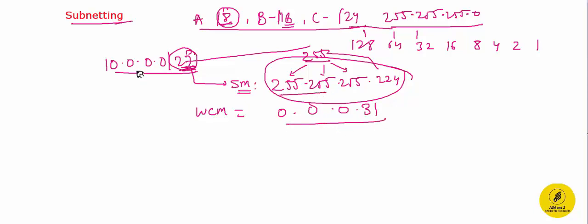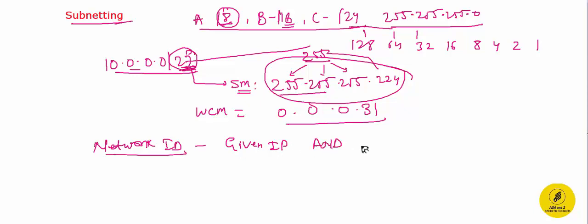Using the subnet mask and the given IP address, we can find the network ID. You will use the given IP and subnet mask. So this is a logical AND.